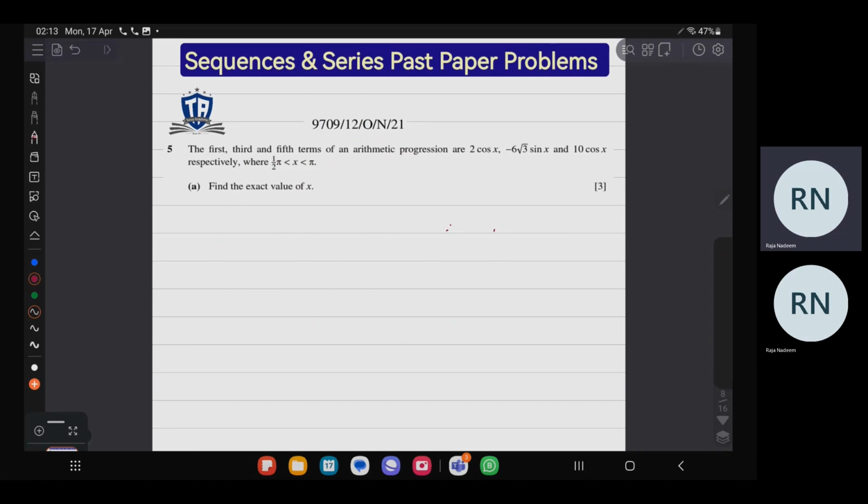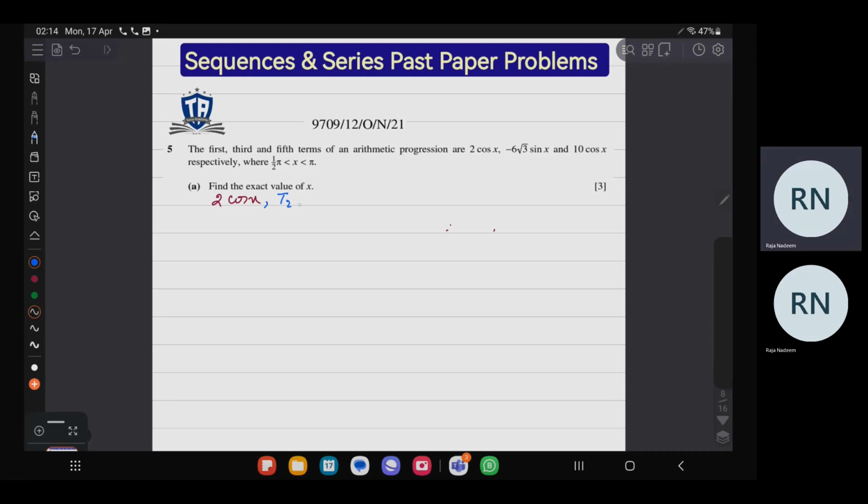Our third question of today's lesson is from November 21 and the variant is 1, 2. The first term, third term, and fifth term of an arithmetic progression are given. Let us write all the terms. The first term is equal to 2 cos of x.